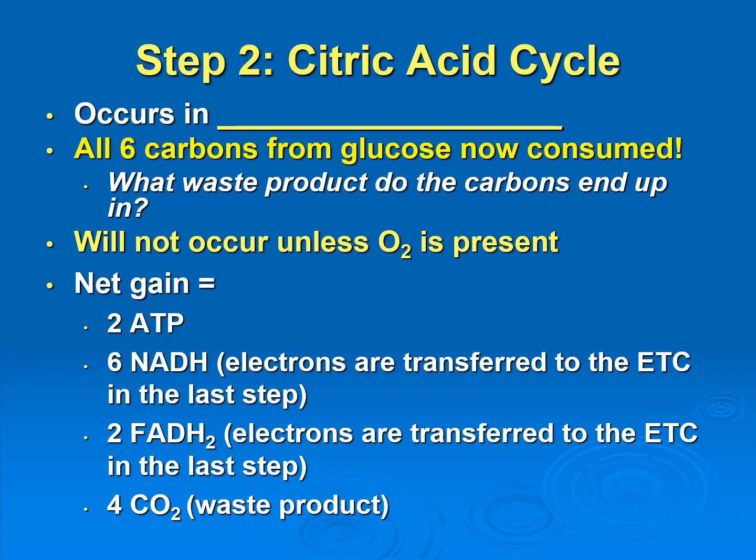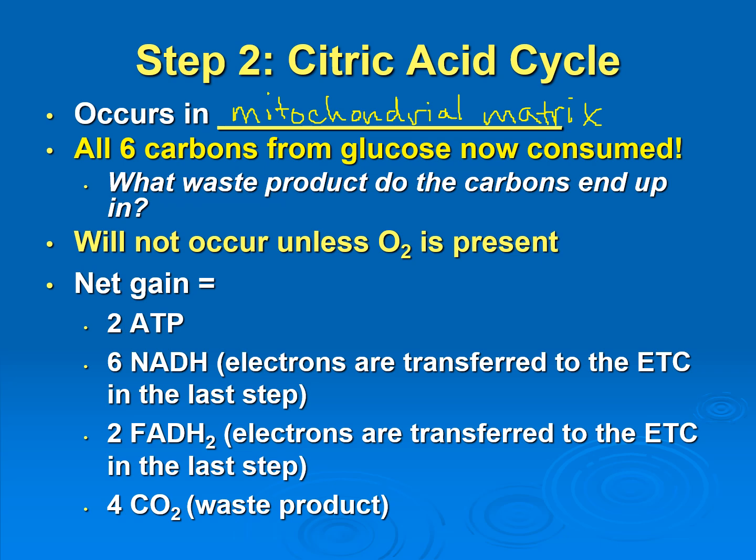Step 2 is called the citric acid cycle, and remember, it's going to occur in the mitochondrial matrix, which is right in the middle of the mitochondrion.